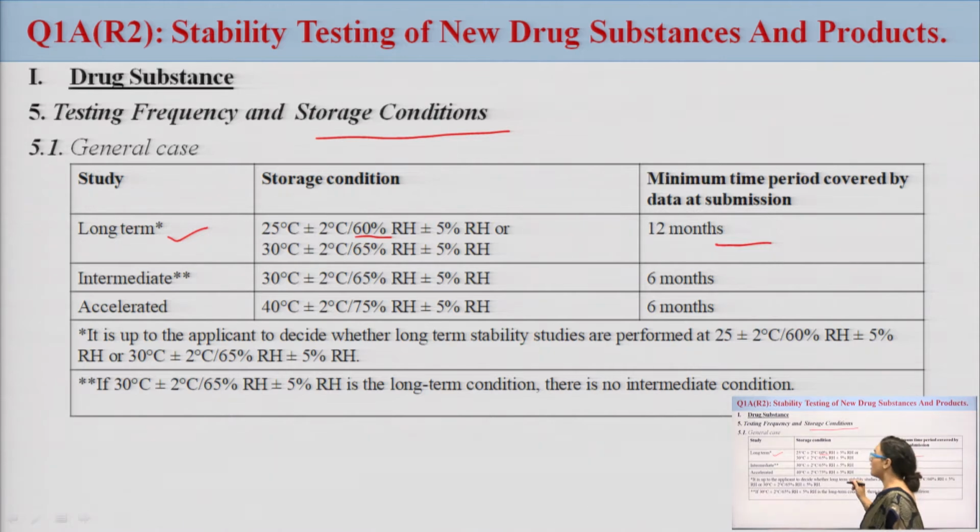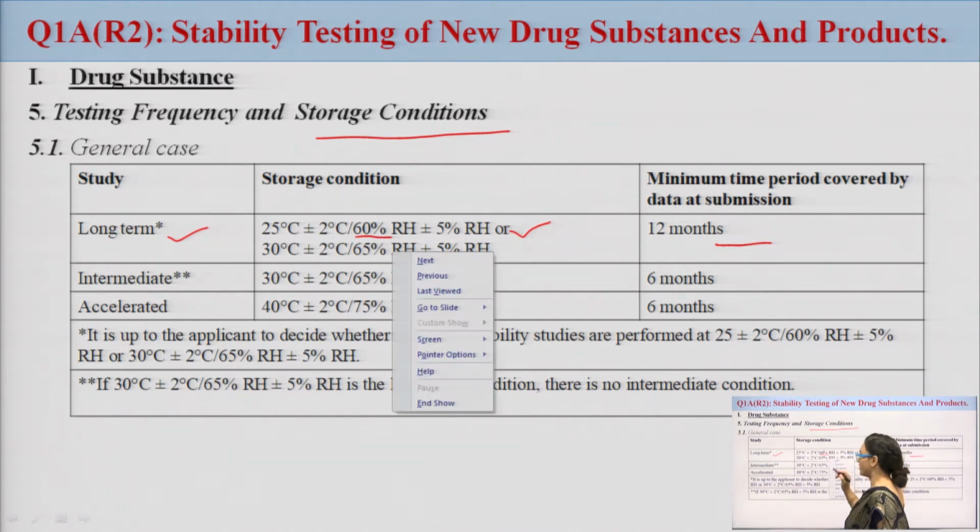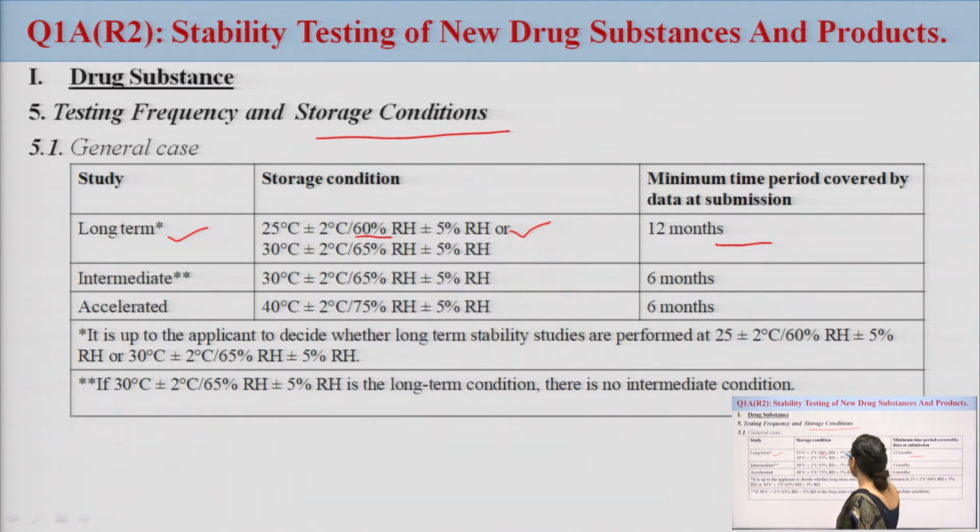So in long term study we can either choose this condition or this condition. Suppose if we have chosen this condition, in that case we do not need to perform intermediate stability testing. Means in this condition we can omit this stage.